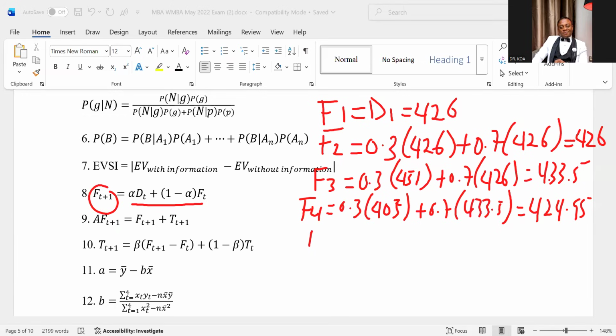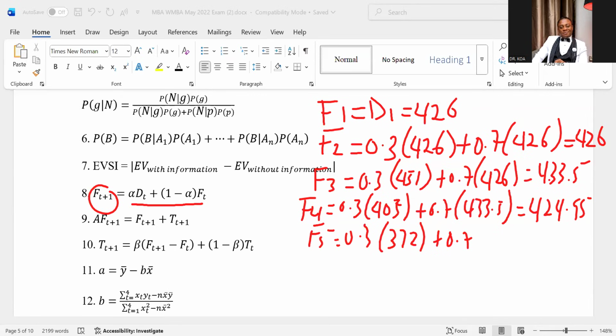We can now go to F5. So F5 is going to be 0.3 into brackets. What's the value you have for F5? Is it 370 something? 372. Then you do 1 minus the alpha, which is 0.7.